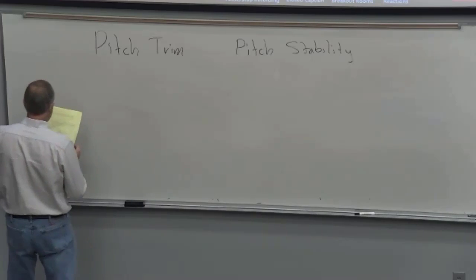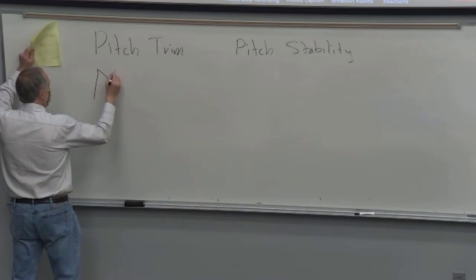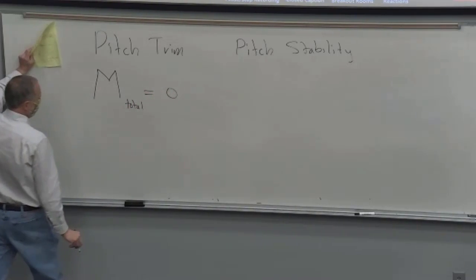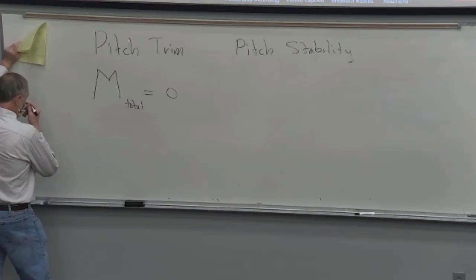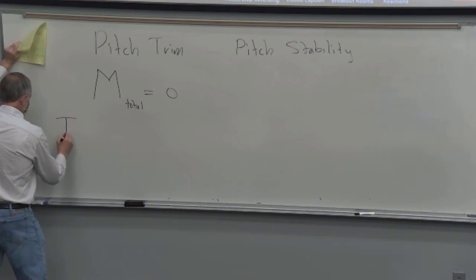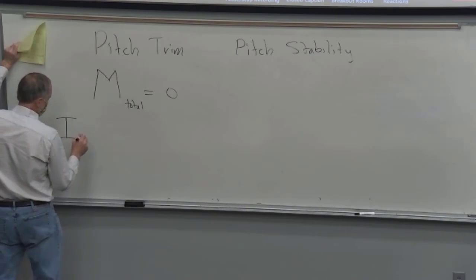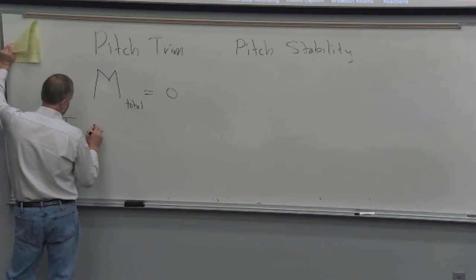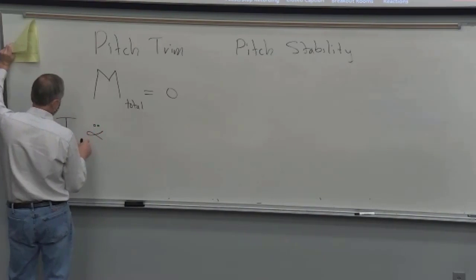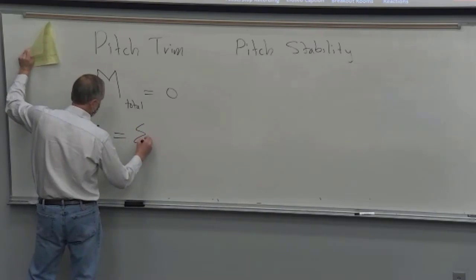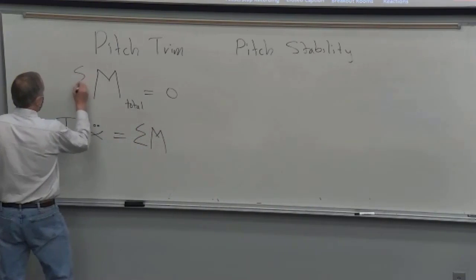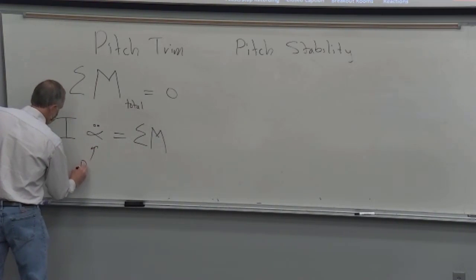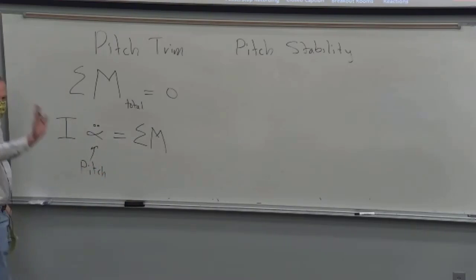Pitch trim means that the total moment of your aircraft is 0 because the moment of inertia times, let's say, alpha dot, sorry, the angular acceleration is equal to the sum of the moments, right? So if your total sum of the moments is not 0, then you're going to get pitch. So the airplane's going to pitch up or it's going to pitch down.